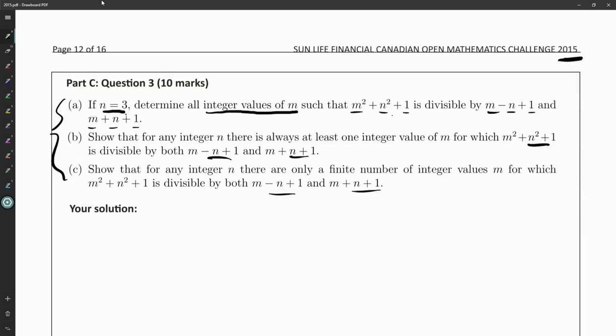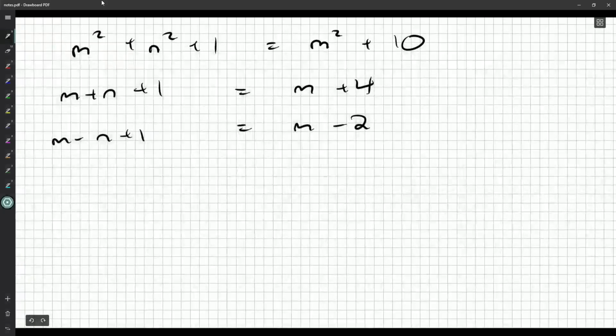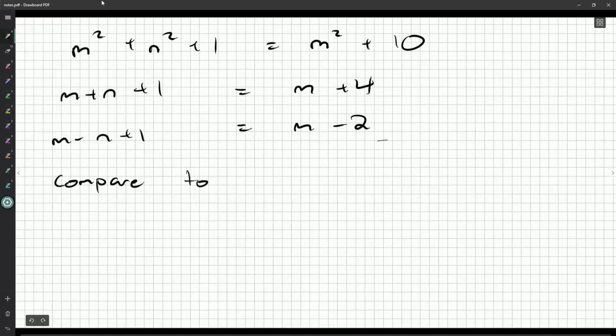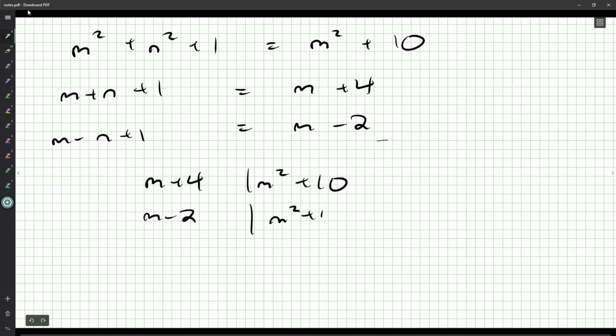is divisible by those, it's entirely possible that there's some overlap. Let me say quite clearly, it's not just as simple as saying, if m plus 4 divides m squared plus 10 and m minus 2 divides m squared plus 10, that happens exactly when m plus 4 times m minus 2 divides m squared plus 10.